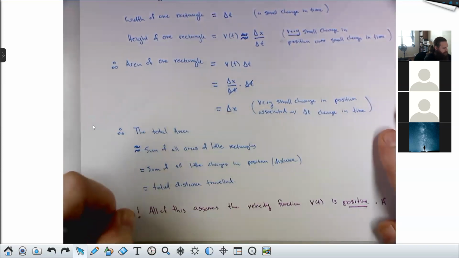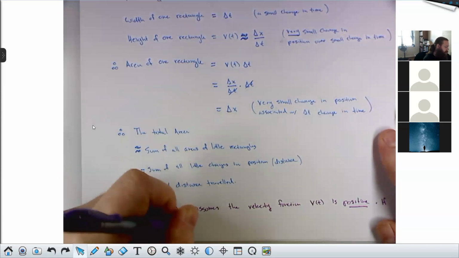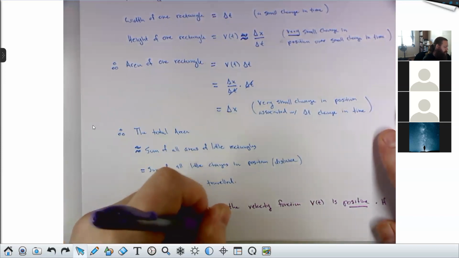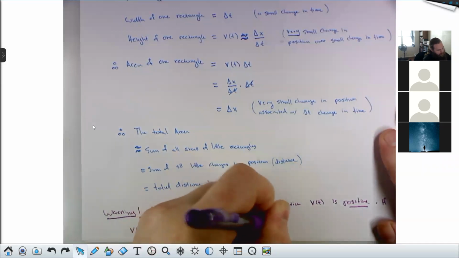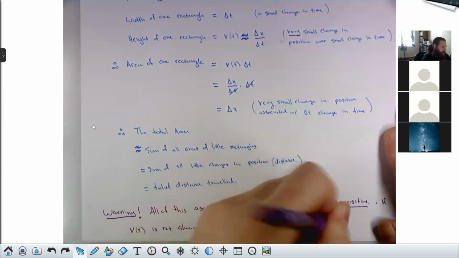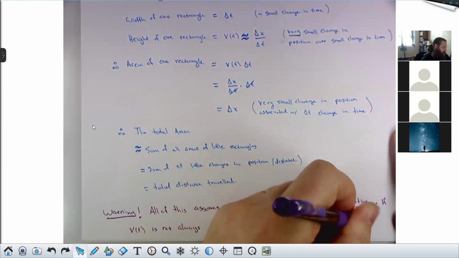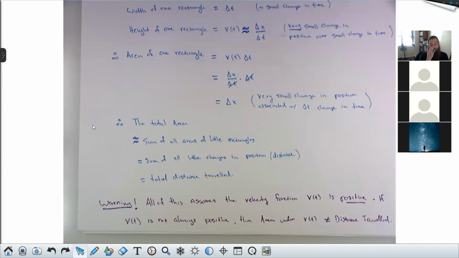If v of t is not always positive, then the area under v of t is not equal to the distance traveled. It's equal to something else called the displacement. And we'll talk about that next week when we talk about section 5.2, after I've introduced the concept of a definite integral concretely. But we're not ready for that yet.